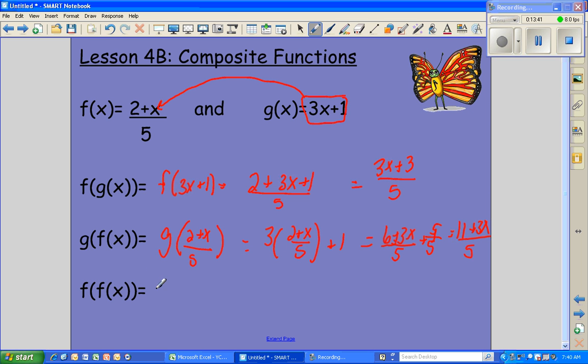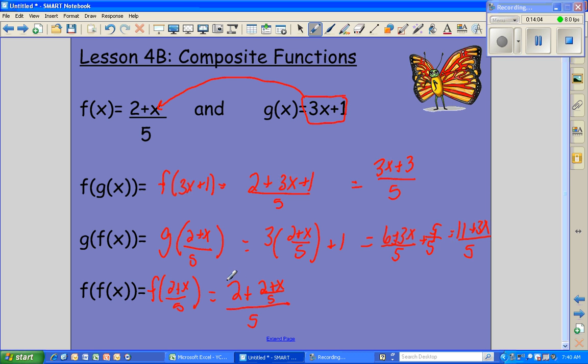Okay, you can work with f of f. This one's going to get ugly because we're going to plug a fraction into a fraction. But you take the f function and you plug it back into itself. So 2 plus x over 5. So it's going to be 2 plus x over 5 over 5.